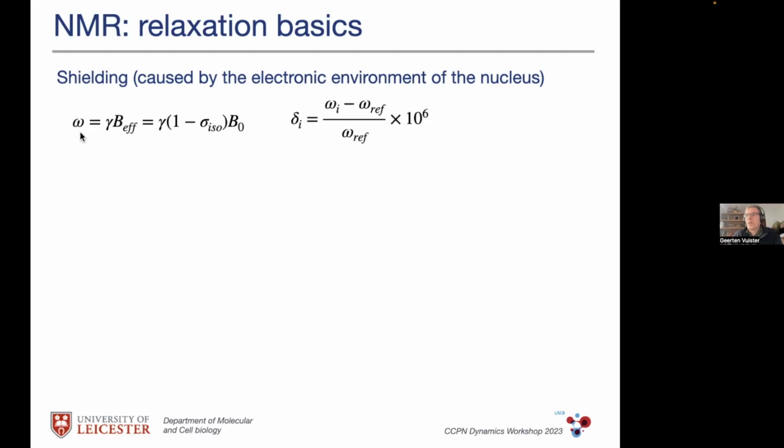And that's fortunate, otherwise there would be very little to measure in biological systems. And then we work with our delta scale, which is just a relative scale in ppm that you're all very familiar with, presumably. And here's just a proton example of a spectrum with the different chemical shifts.